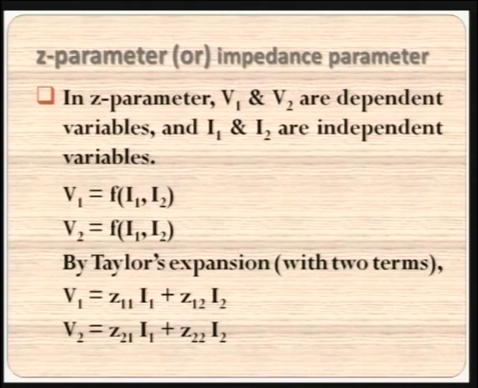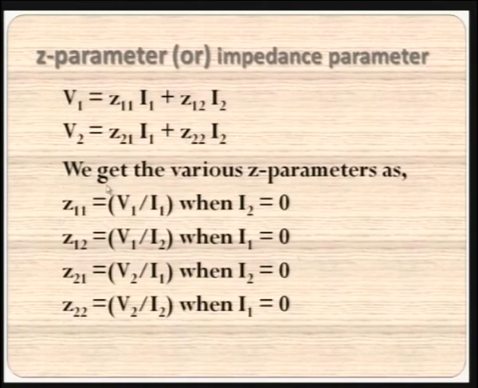They are the parameters. Let us see the importance of them. We get the various Z parameters when we get rid of one term in one equation at a time. So, in the first equation, when we take I2 as 0, then this equation could be rewritten for Z11.